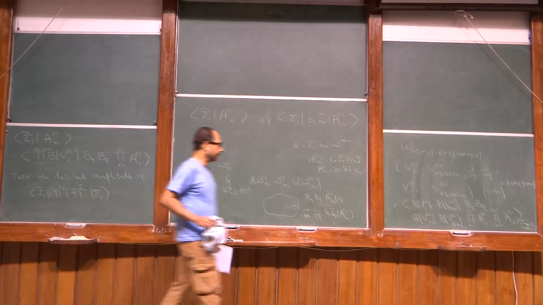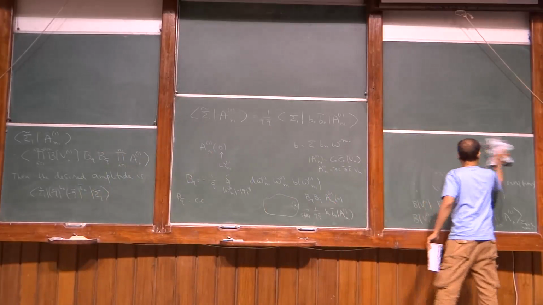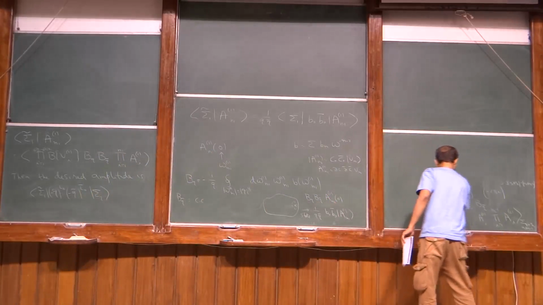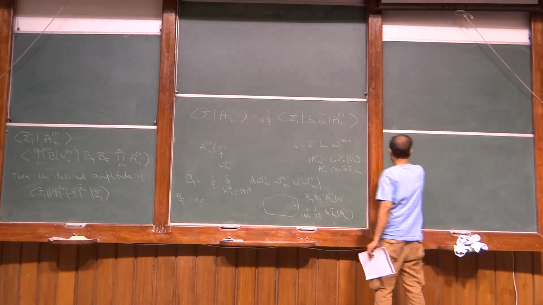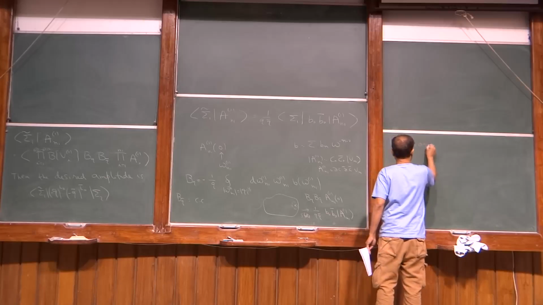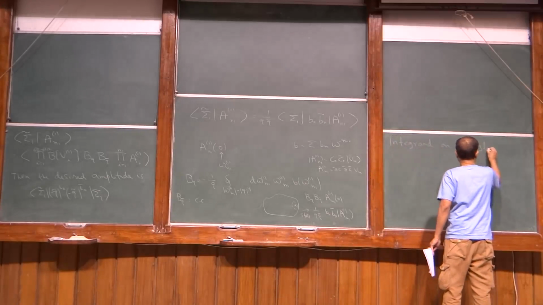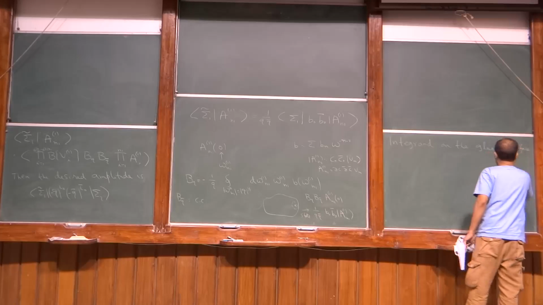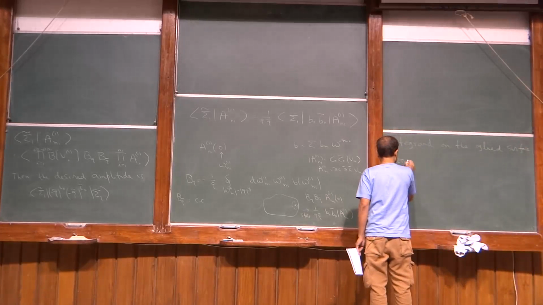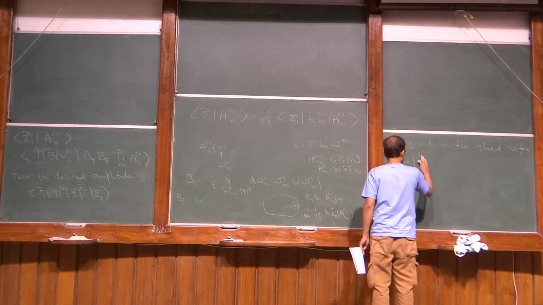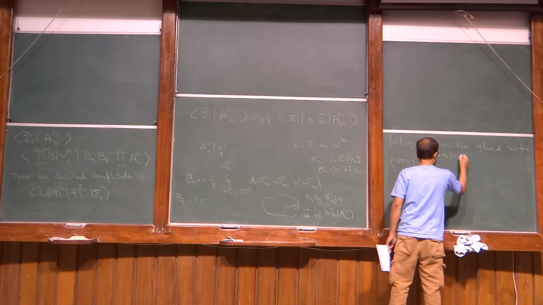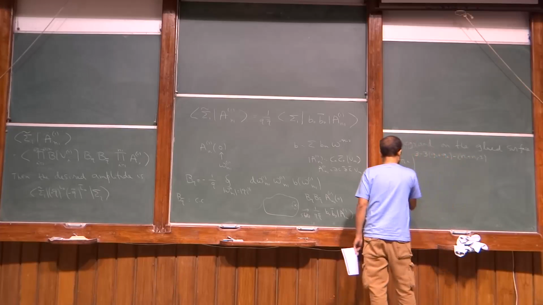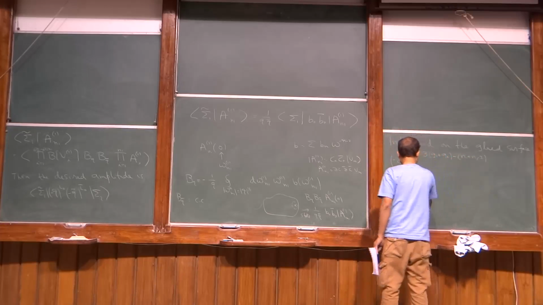So now we are getting there. So we get the integral on the glued surface is minus 2 pi i to the power minus 3 plus 3 g1 plus g2 minus n1 plus n2, minus 2 times sigma 1.